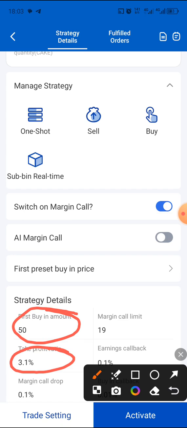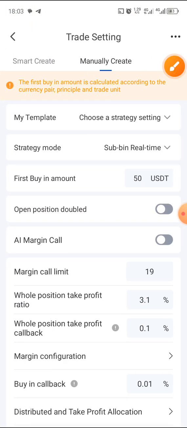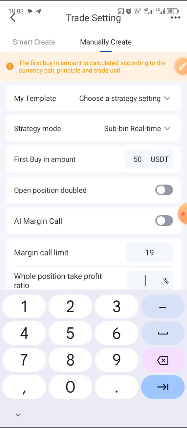It is too much. We are going to take 1.1 to 1.5 depending on your risk appetite. So I would say that 1.2 is good.